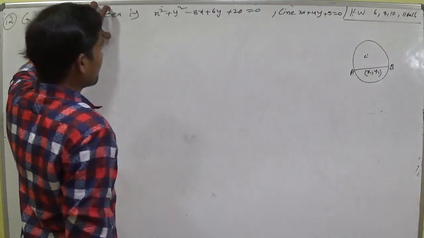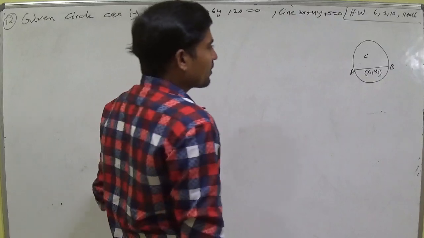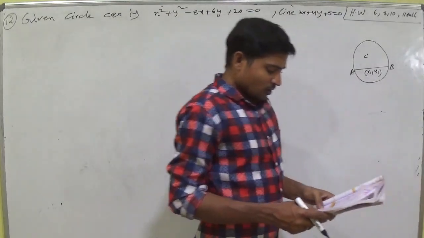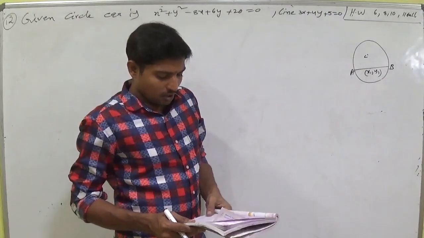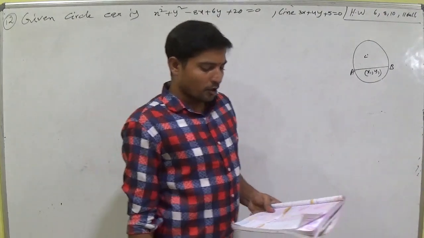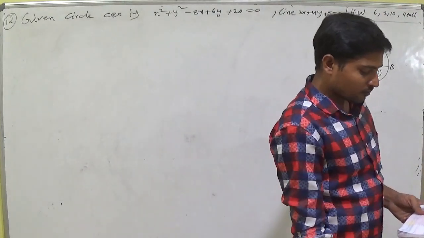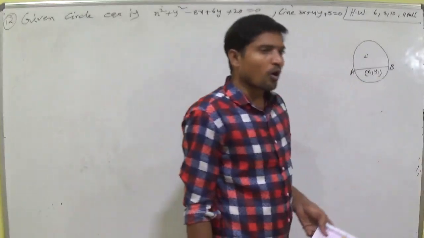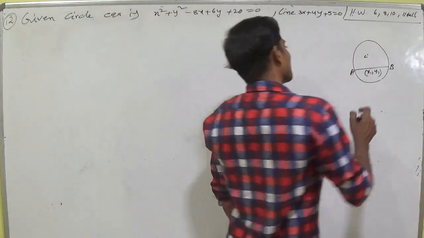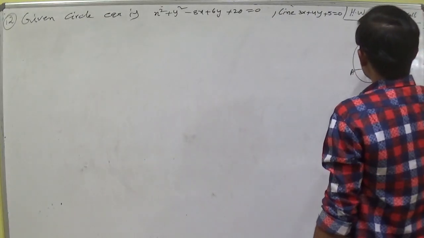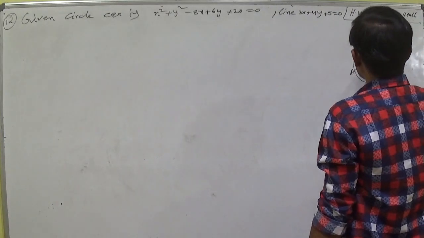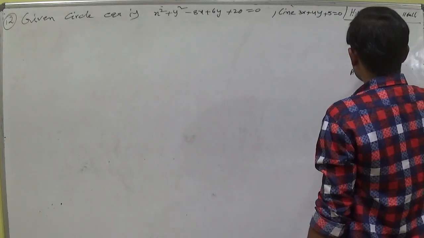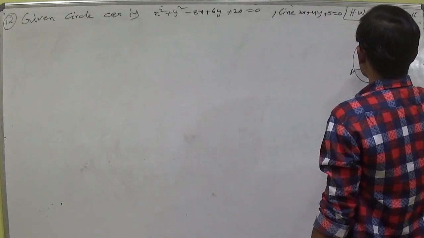Given the circle and line, we need the equation of the locus of the midpoints of chords.